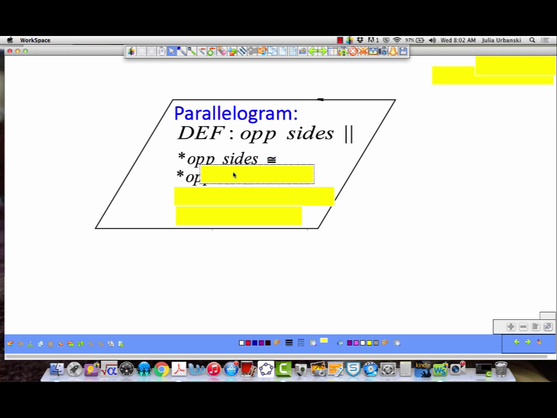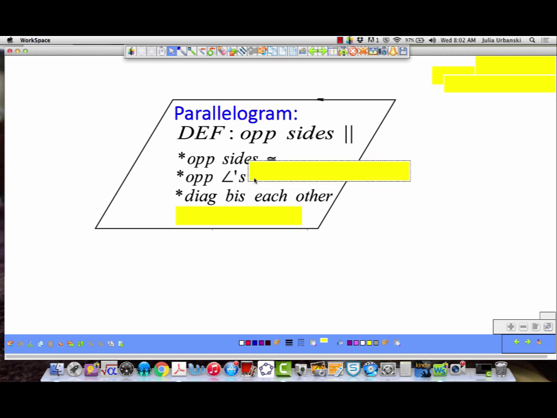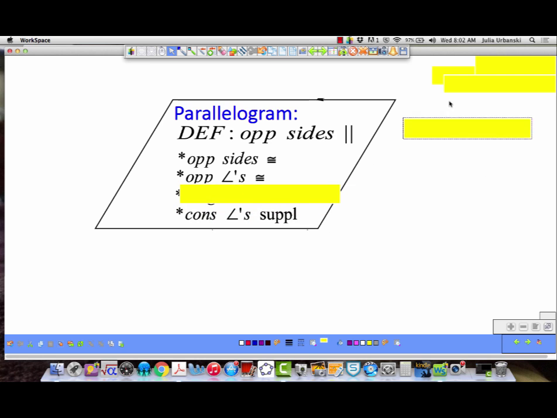Opposite angles are congruent, I heard. And then I heard someone say supplementary. What does it say about supplementary? The same side angles, the angles next to each other, are supplementary. That's right. Sorry, I wrote that one out of order. Here we go. Consecutive or same side angles are supplementary. Those are the angles next to each other instead of across from each other.